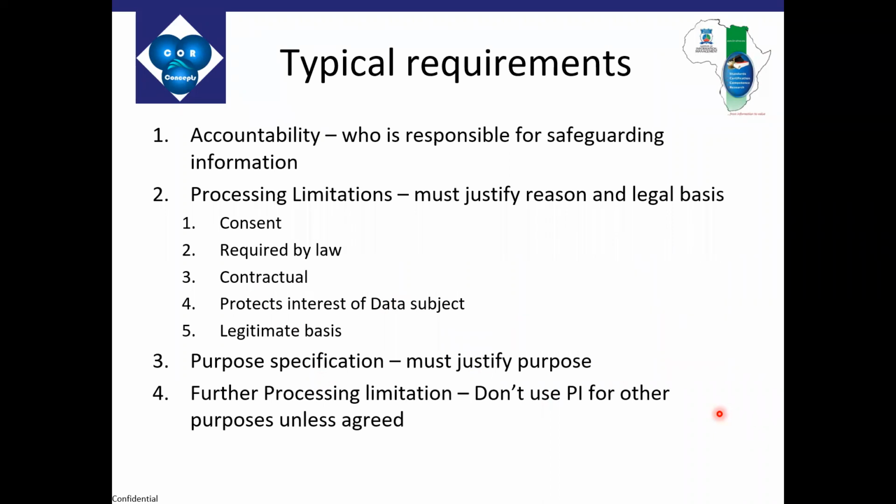I need to know how you're using it. I need to know who you are. And I need to be able to say, yes, you have my specific consent to do this with my information. It can't be an assumed consent. If you don't tick yes, we assume you consent. It doesn't work like that. So consent is the most common legal basis for processing.